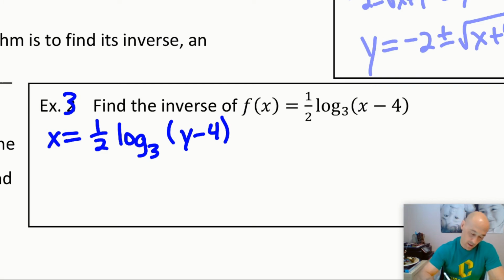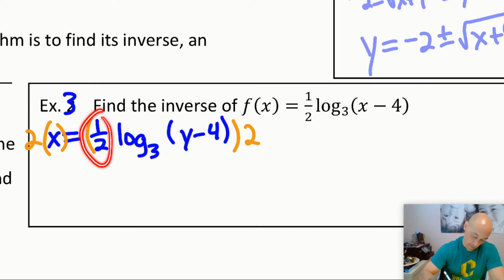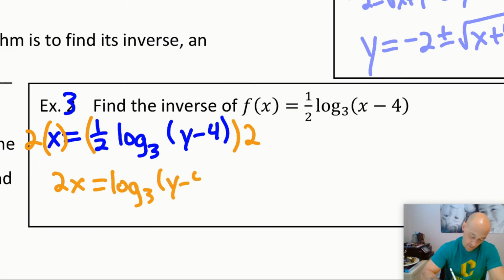So now we need to solve for y. So I'm going to multiply this whole thing by 2, and that will get rid of that. Okay, so I have 2x is equal to log base 3 of y minus 4.